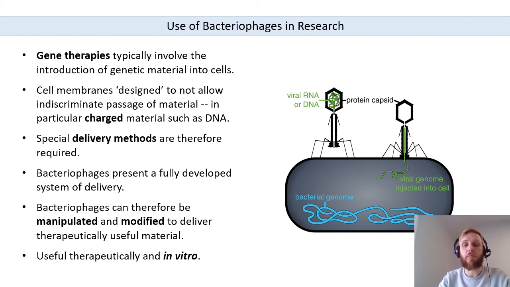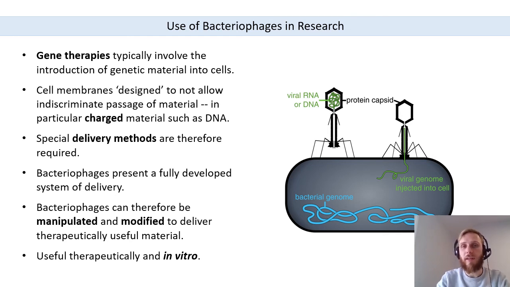Okay, it's useful for us to think about bacteriophages as presenting a natural strategy for the delivery of genetic information into target cells. We start to see this when we're thinking about DNA vaccines, and potentially at some point RNA vaccines being delivered by this method as well. It's a method for us to deliver genetic material into target cells.